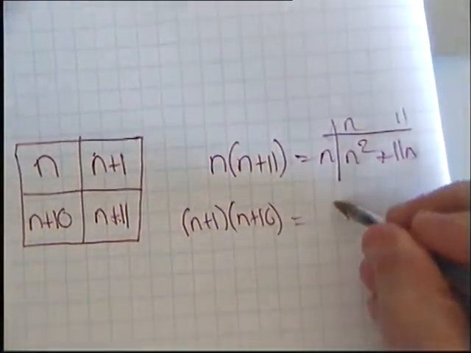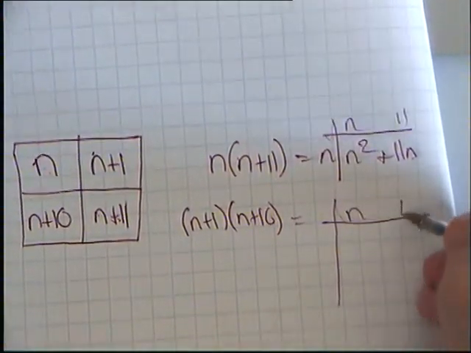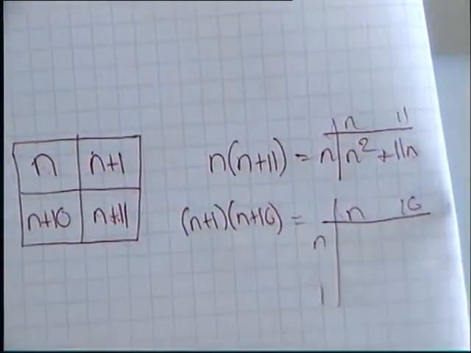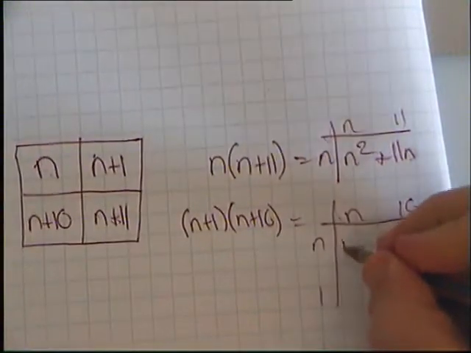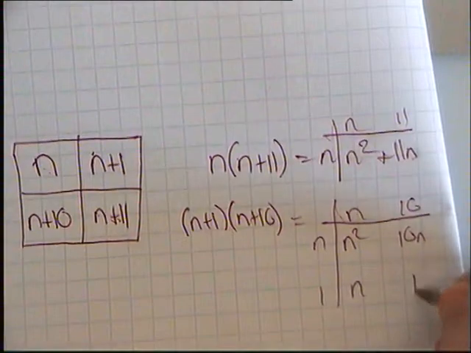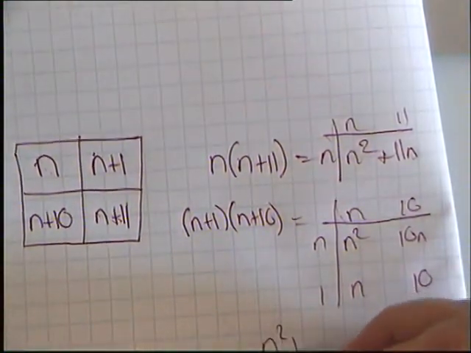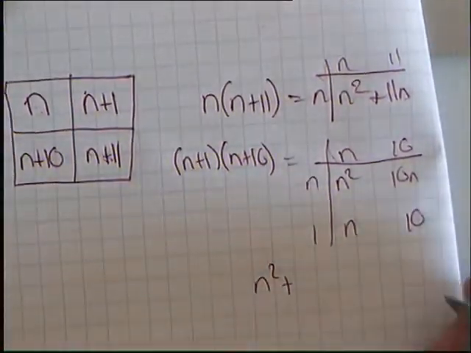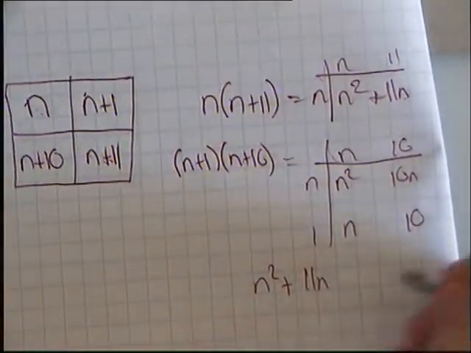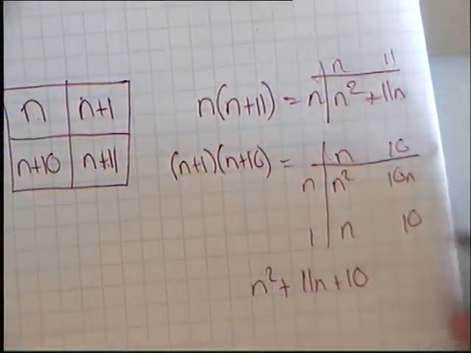Now, as with most proof questions at GCSE, they seem to want me to expand the bracket, which is fine because we can just use our grid method to help us do that. That's n squared, 10n, 1n, and 10. So overall, that gives us n squared add 11n add 10.